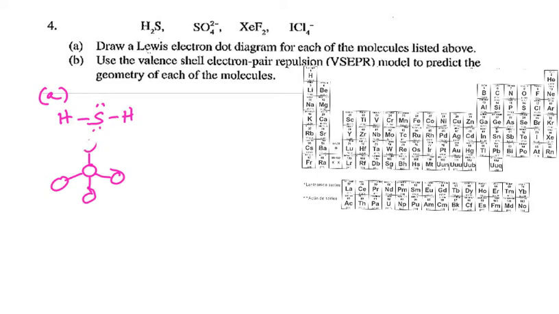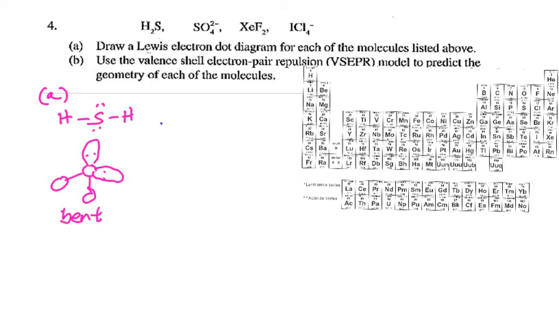So I'm going to get rid of this and that, and I'm going to make those lone pairs with orbitals. And then it becomes pretty clear that what is left is bent. And so we will write bent. They didn't ask us for bond angles, but it would definitely be slightly smaller than 109 degrees.